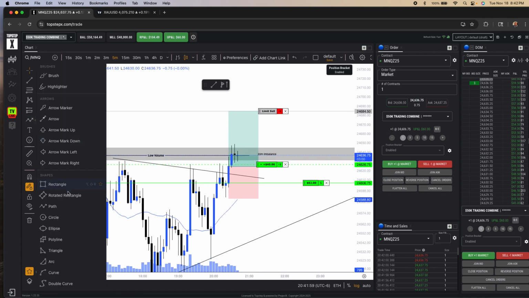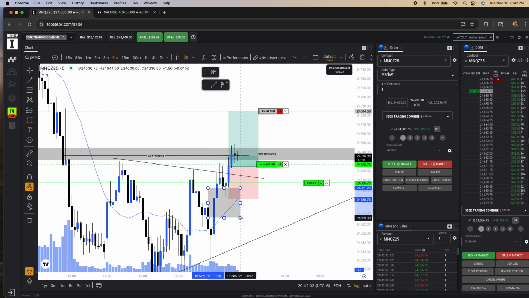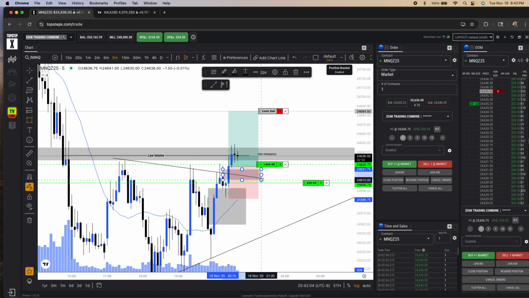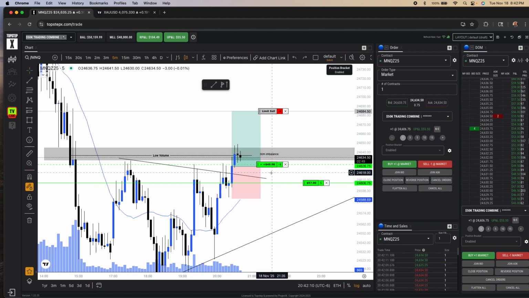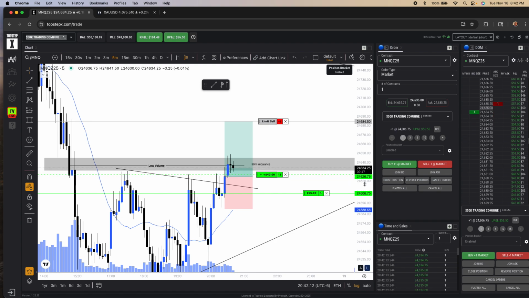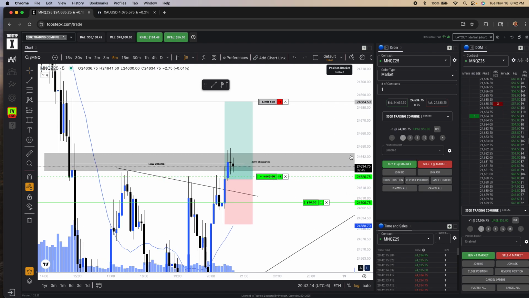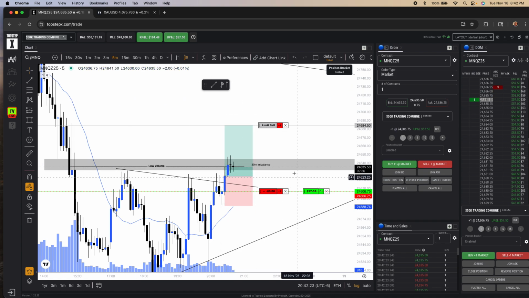You can see we're creating imbalances now, very large imbalances on the way up. And we could come back down, respect that, and continue to the upside. But I kind of want to secure the profits. Maybe I can, I'm thinking, should I just set this to break even? I think I'm going to set this to break even and see if we can hit this high or even up here instead of getting out.